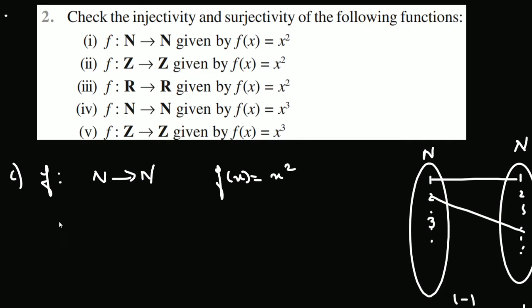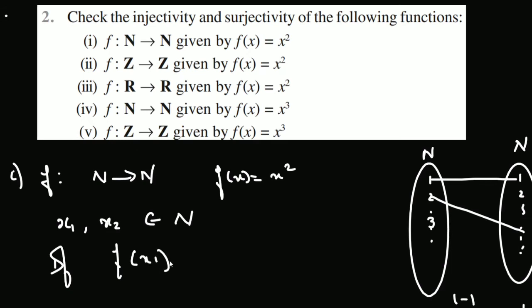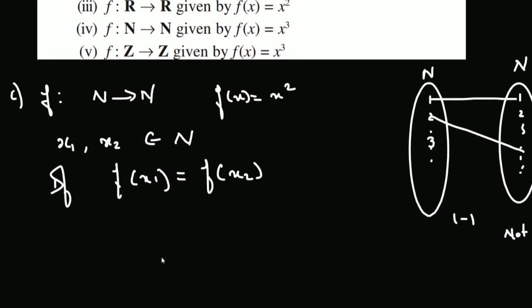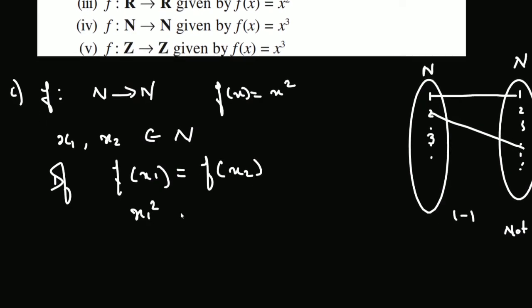So let x1, x2 belong to the set of natural numbers. If f of x1 is equal to f of x2, that means x1 square is equal to x2 square. So now we can bring it to this side: x1 square minus x2 square is equal to 0.